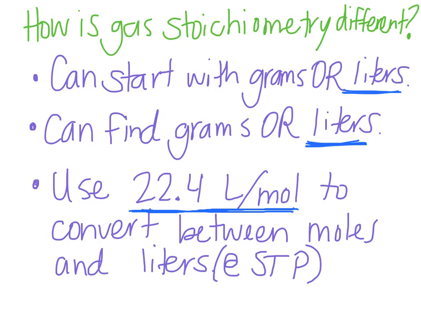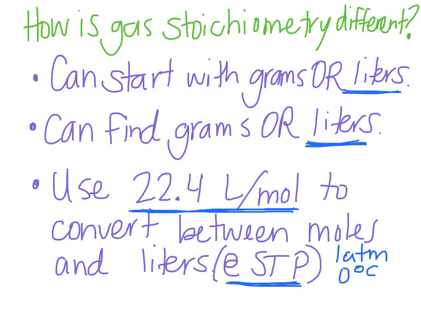So that's key. If it says that the reaction occurs at standard temperature and pressure, and if you remember that is 1 atmosphere and 0 degrees Celsius, then you can use that conversion factor to convert between moles and liters.